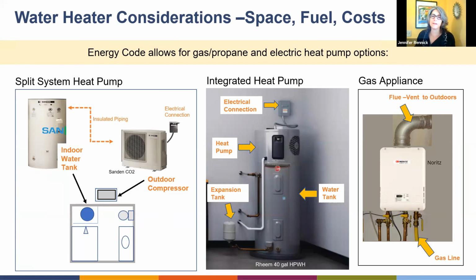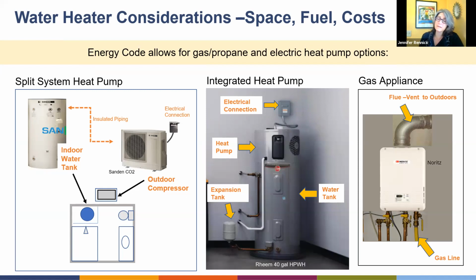Practically speaking, by the time you deal with the parts of the mechanical code, it's easier for a lot of homeowners just to put in a separate water heating system for their ADU and not worry about it.